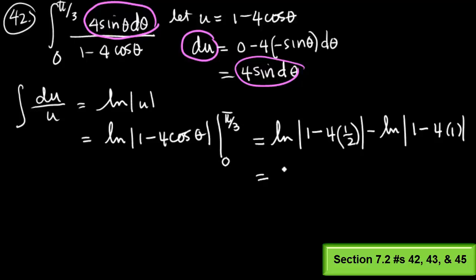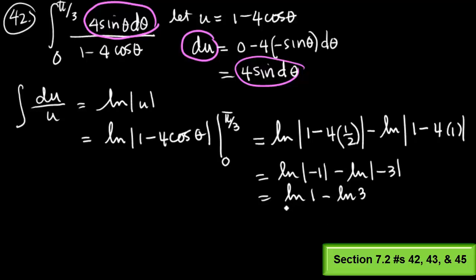So far what we have would be the natural log of 1 minus 2, which is negative 1, minus the natural log of 1 minus 4, and in absolute value, that's the natural log of 1 minus the natural log of 3. We know the natural log of 1 is 0. So your final answer would be negative natural log of 3.